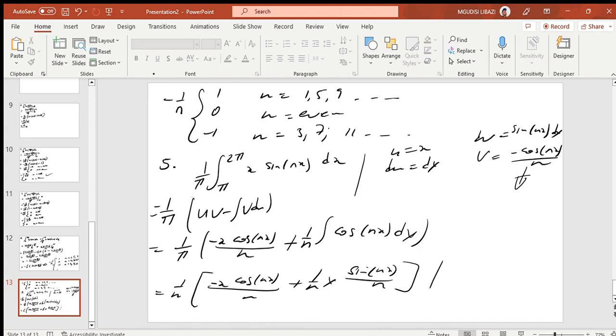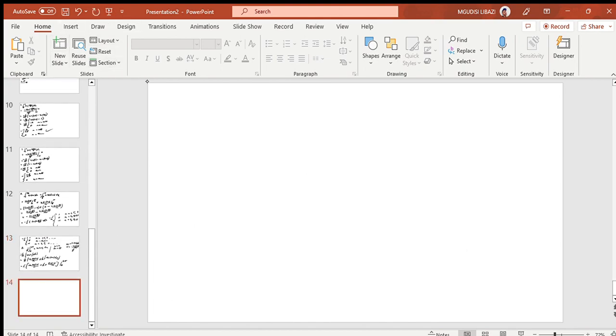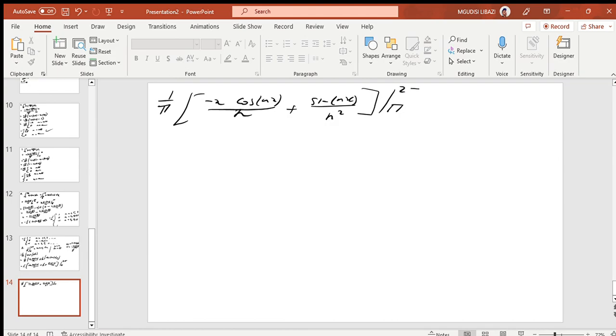So that is negative x cosine of nx divided by n, plus sine of nx divided by n squared, evaluated from pi to 2 pi.